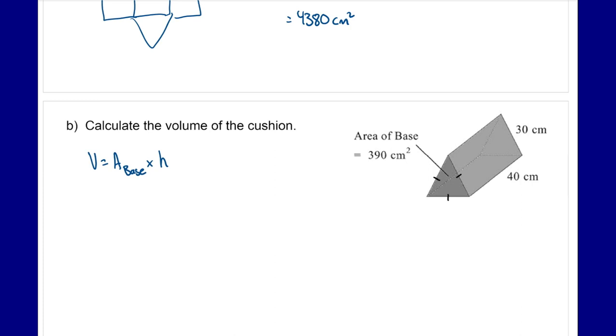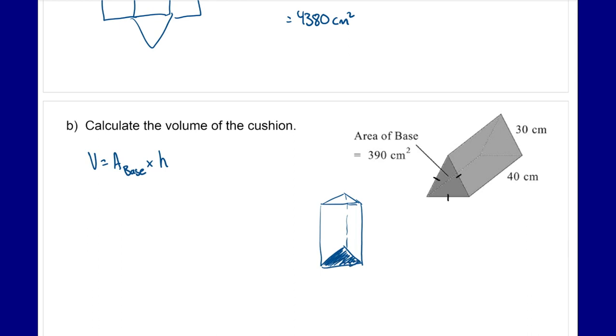And the way you can think of it is, let me see how well my three-dimensional drawing skills are. So I have my triangular prism. If I have the area of the base, I know this portion here.